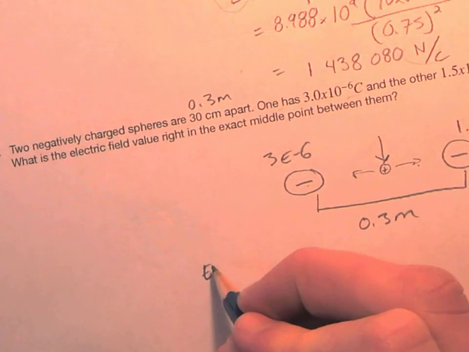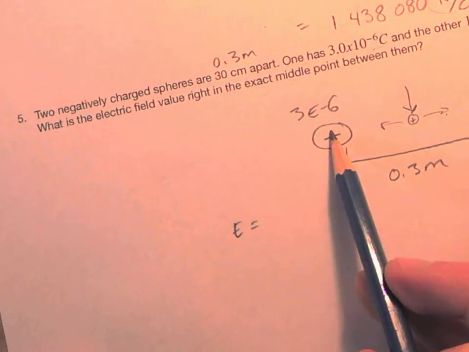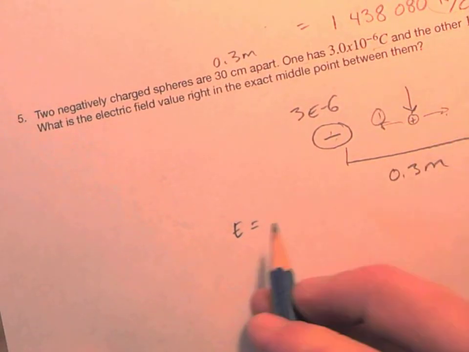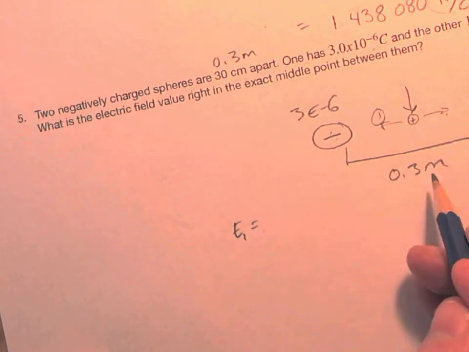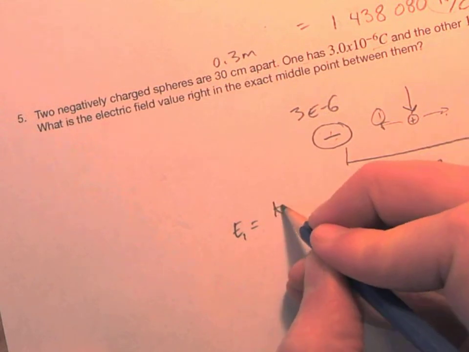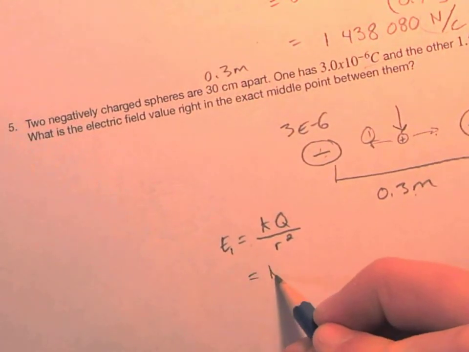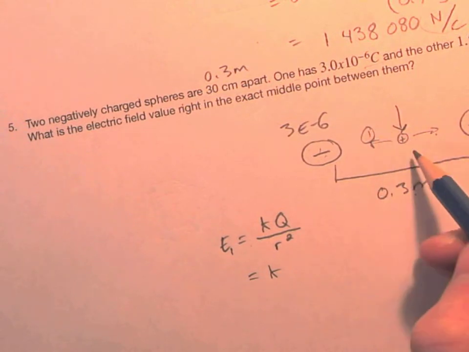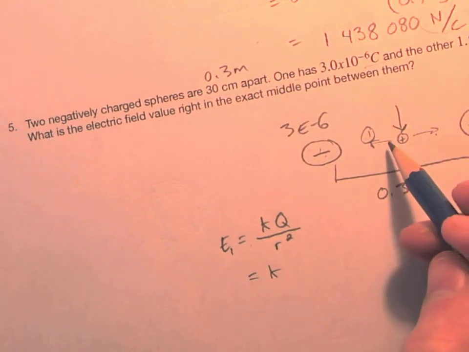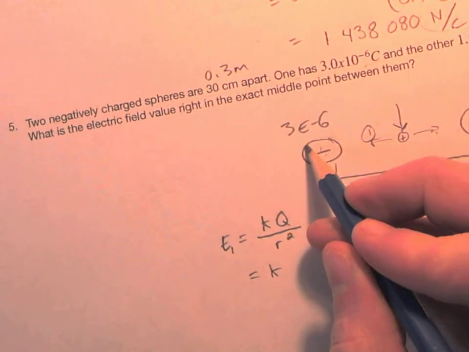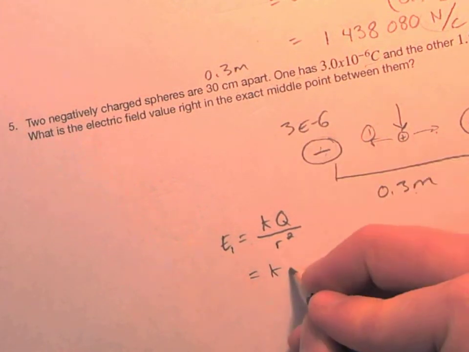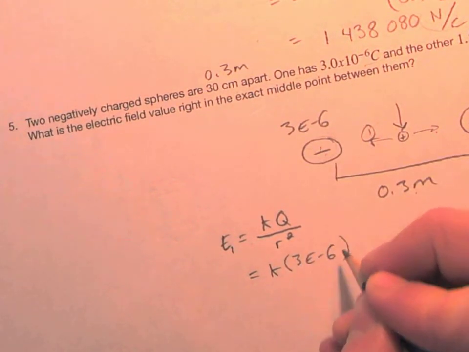Okay, so our electric field strength of the first one is going to be, we have a distance, so we're going to have to use the k one. Kq over r squared. In this instance, it's k times q, the charge of your main thing, which is 3e to the negative 6, over r.